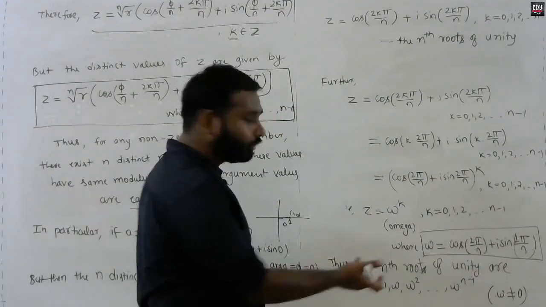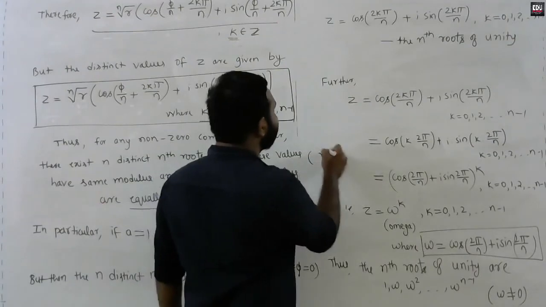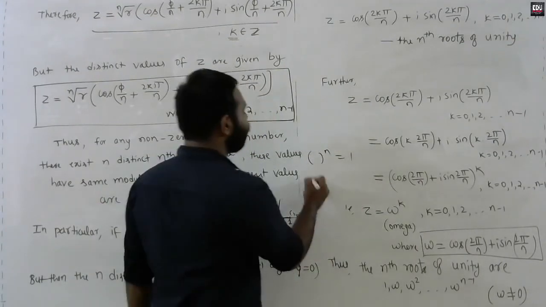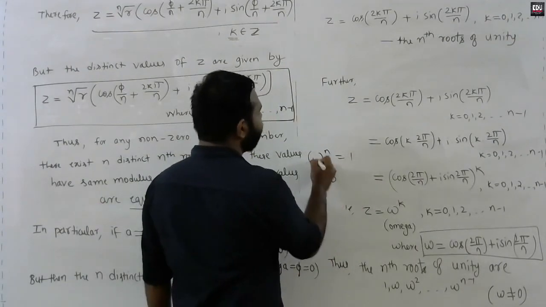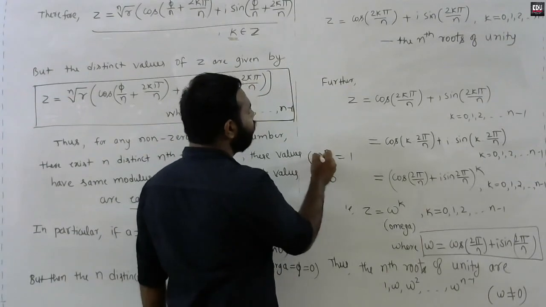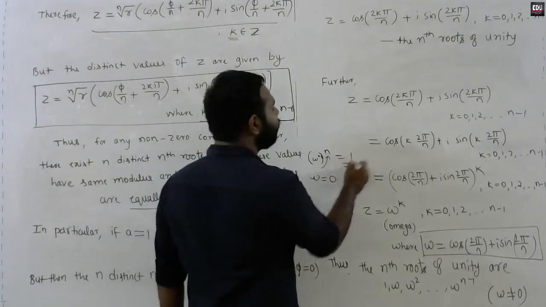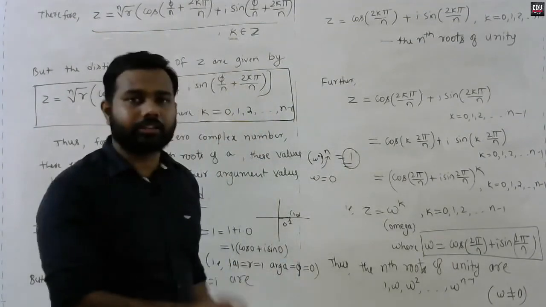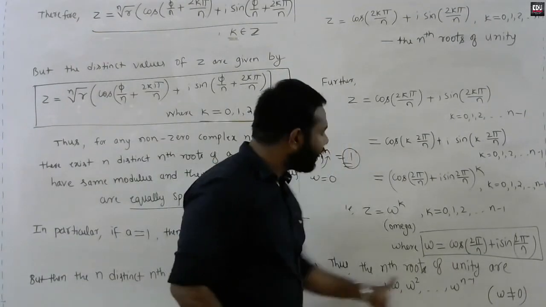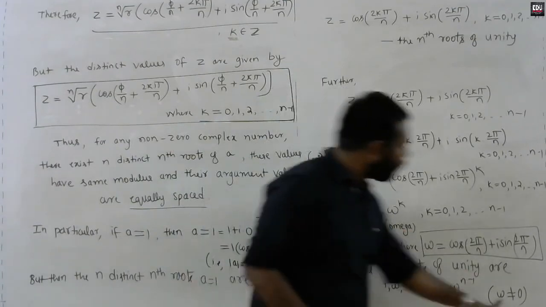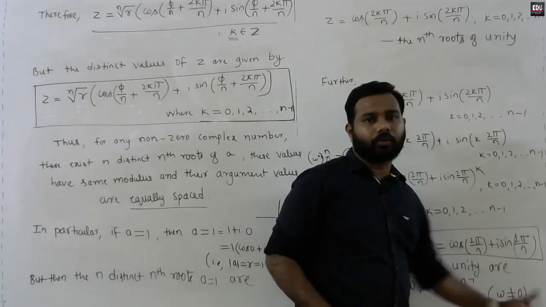As they are nth roots of unity, their nth power has to be equal to 1. So their nth power will not be equal to 1, which is a contradiction. So by the fact that they are nth roots of unity, omega has to be non-zero.